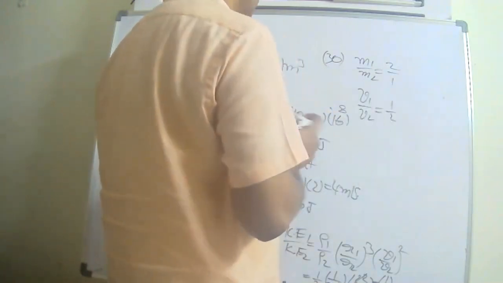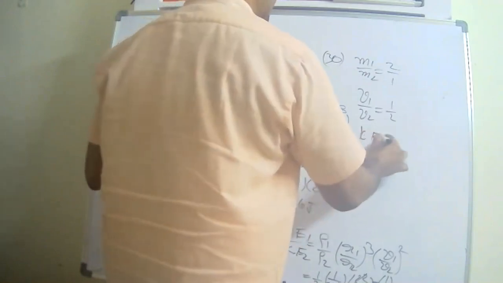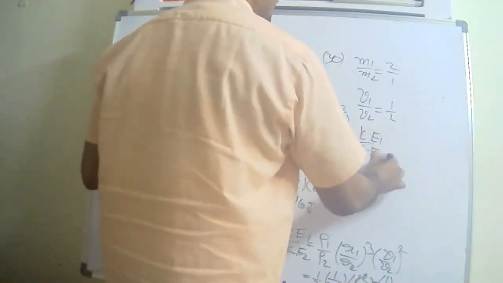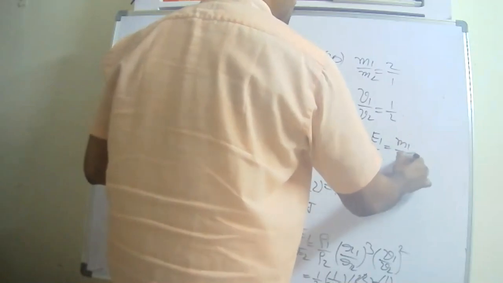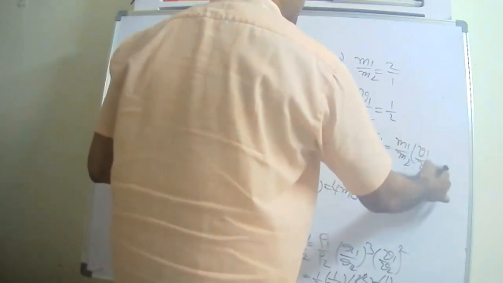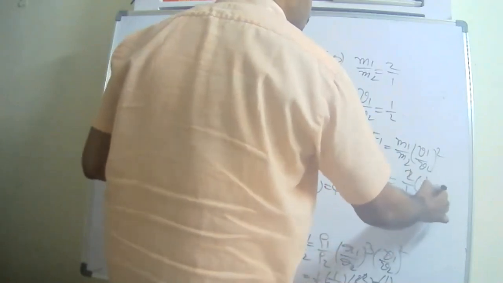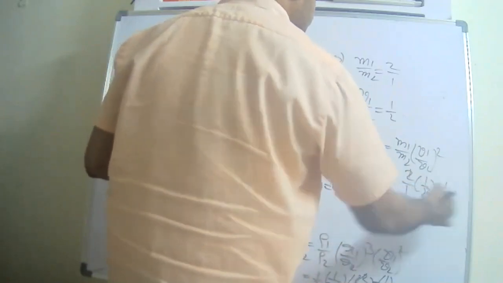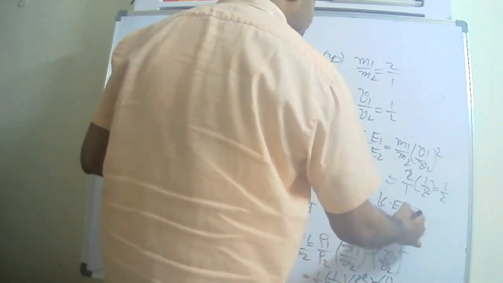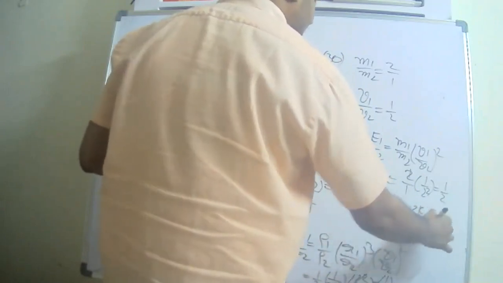Percentage increase in kinetic energy of body is KE1 by KE2 is equal to m1 by m2 times v1 by v2 whole square. So 2:1 by 1:2 square. So 1 by 2. So KE2 is equal to 2 times of KE1.